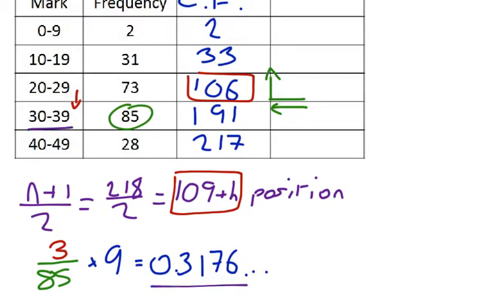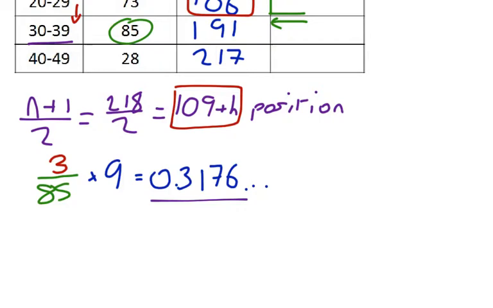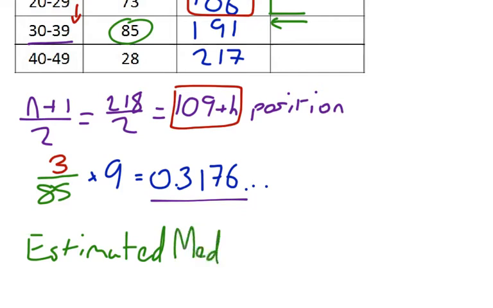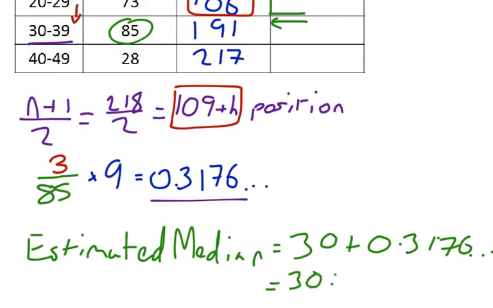The group starts at 30, so our estimate for the median, the estimated median, is going to be at 30 plus that 0.3176, which is 30.32.